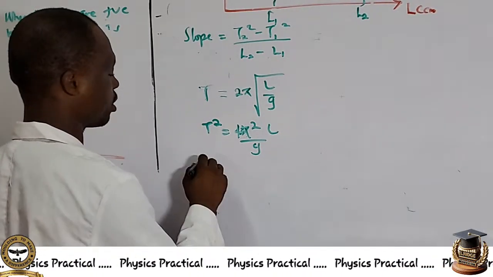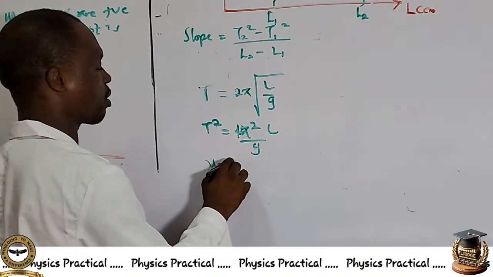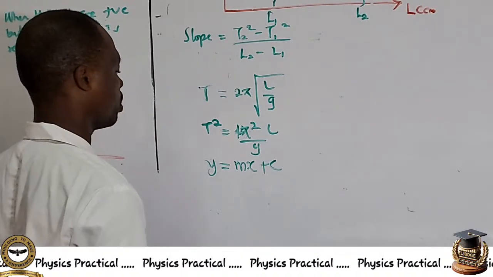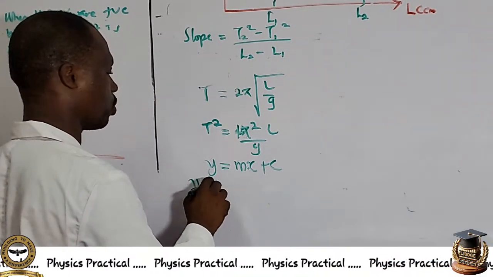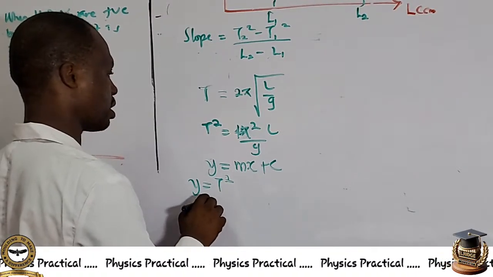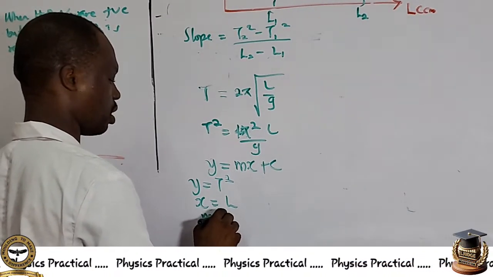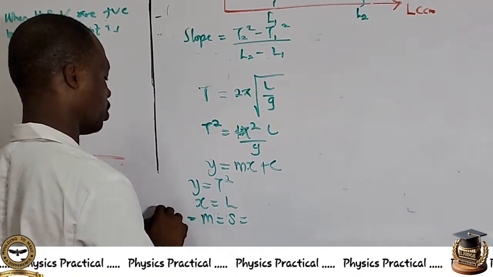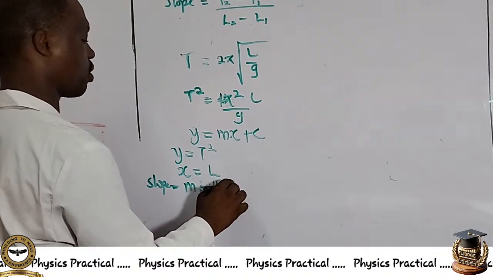In this case, if we write T squared as y equals mx plus c, there's no c here. So we have mx, where y equals T squared, x equals L, and your m, that's your slope, will give us 4π squared over g.